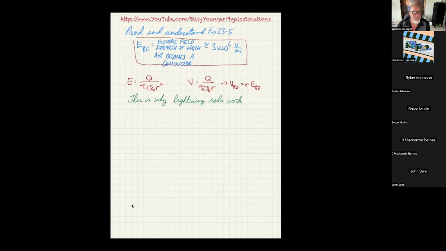All right, now that we've done that, we've gotten all these neat little charges and formulas.